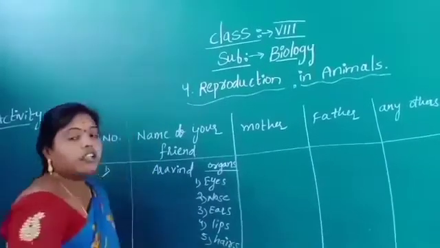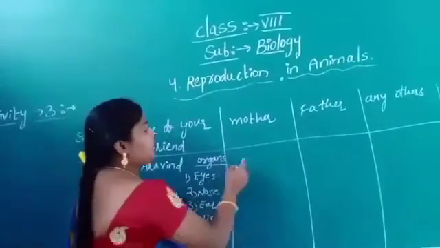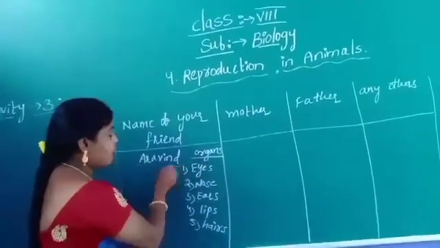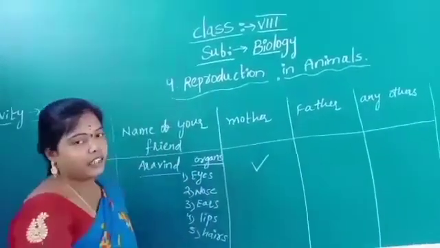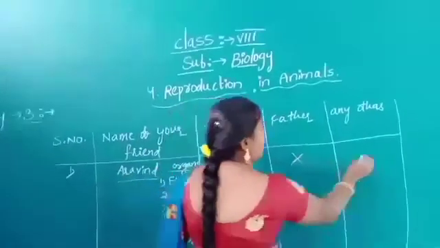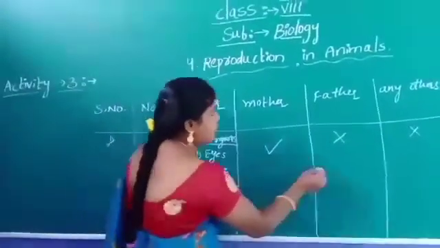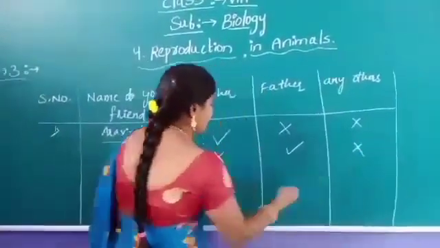Compare your friend's organs which are similar to mother, father or any others. For example, Aravind, your friend: the eyes are very close to the mother's but not the father's or any other. The nose is similar to the father's, not the mother's or any other.